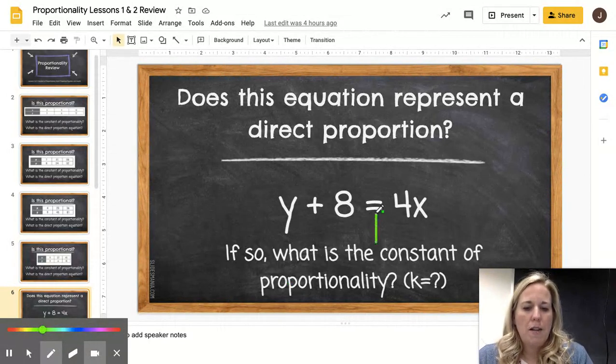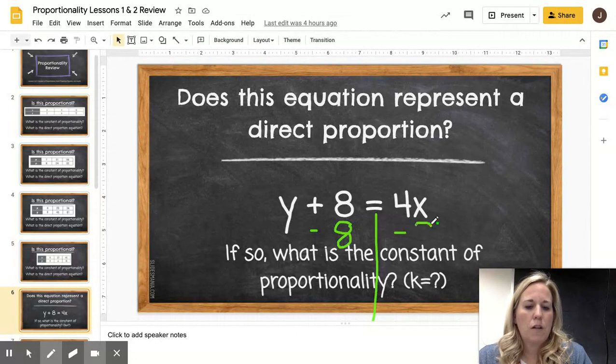So I would drop my line from the equal sign, and I would say -8 on both sides. And when I do that, I'm going to get y equals, and that's what we want. We want it all by itself. Now, I can't subtract 8 from the 4x because the 4 has an x with it and the 8 doesn't. So I'm just going to have to write it like this, 4x minus 8.